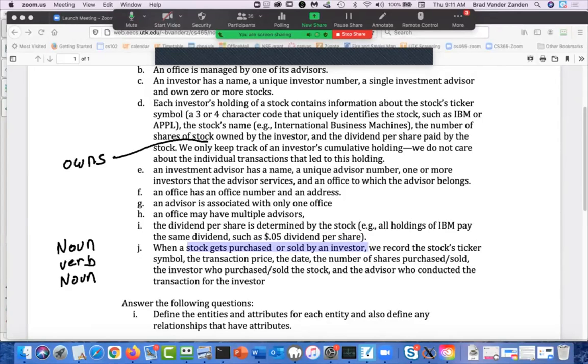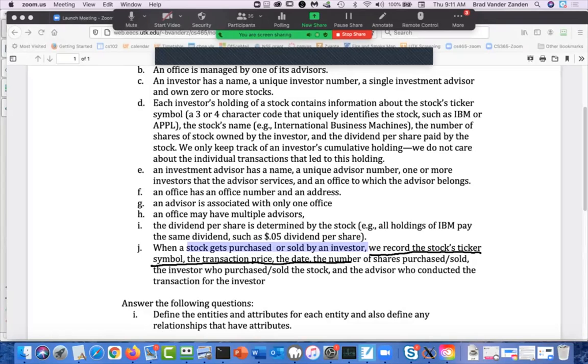sold the stock. So if we just look here, let's just get rid of this for a moment. And so if we just look from right here, it looks like it's giving us attributes for this relationship.